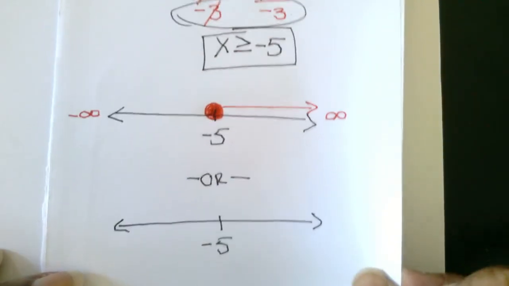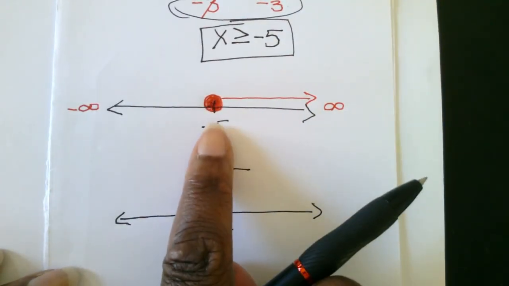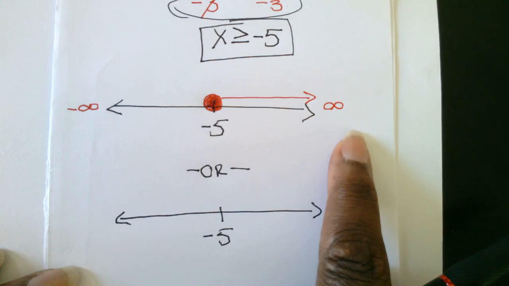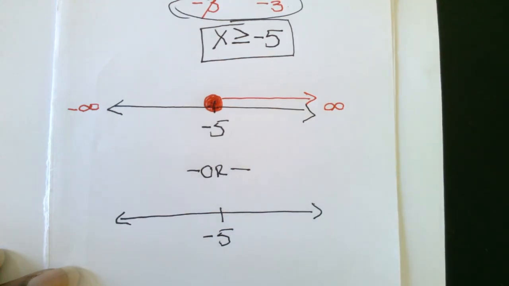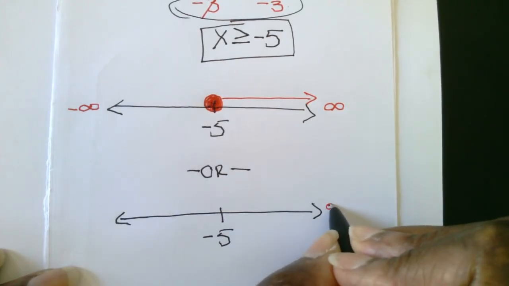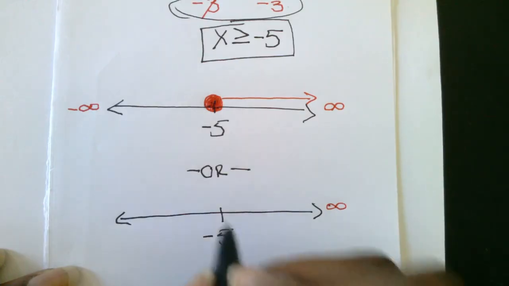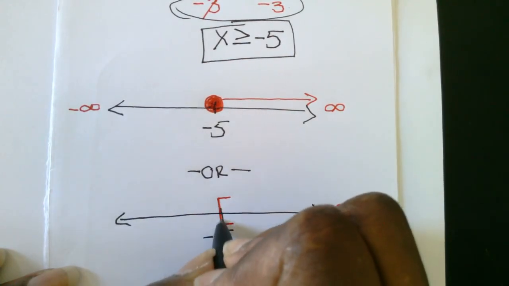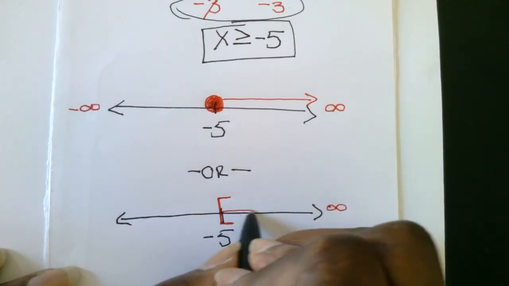Now, this is one way that you would see it, either with a closed dot and going all the way to positive infinity, or you might see it like this. Same thing, you're going all the way to positive infinity. You might see a bracket opening into the direction it should go into.